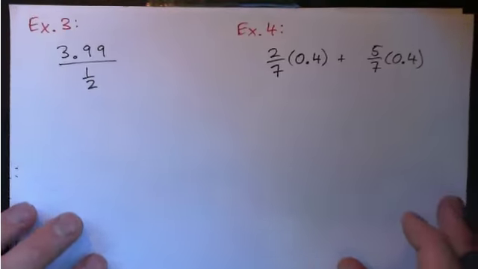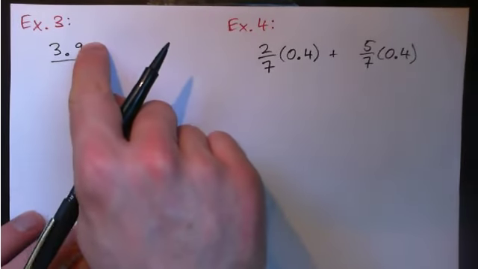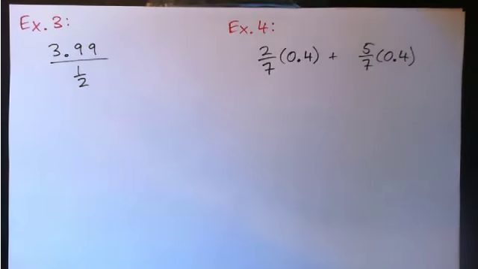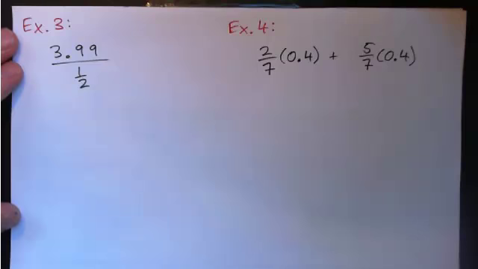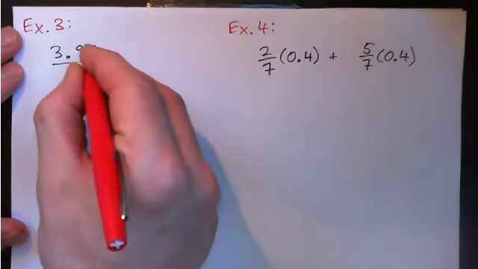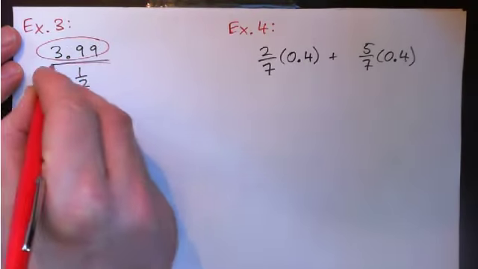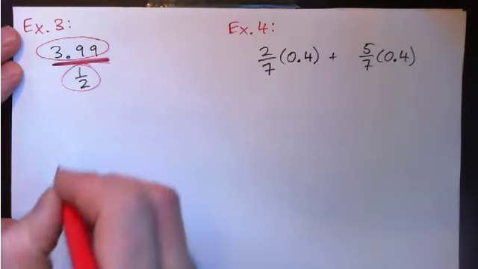Now, let's have a look at example 3 and 4. Example 3, 3.99 divided by a half. What am I going to do with that? Well, you might remember that it's basically this number divided by this number, okay?